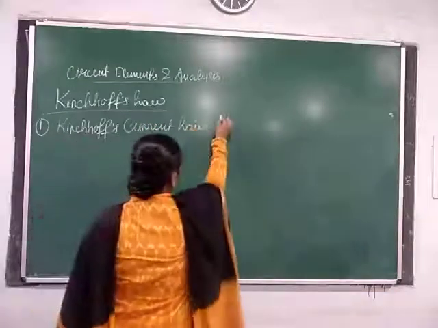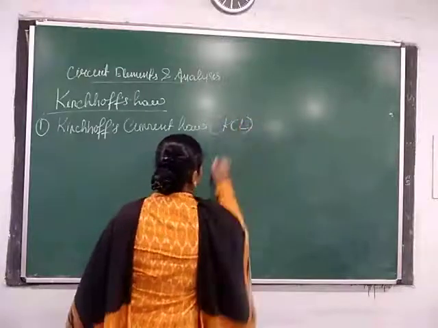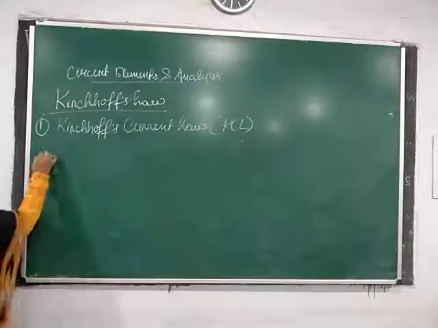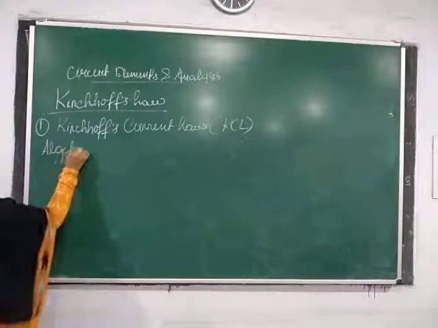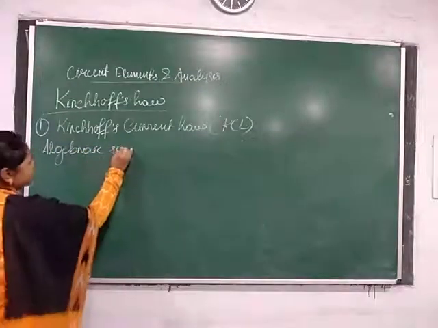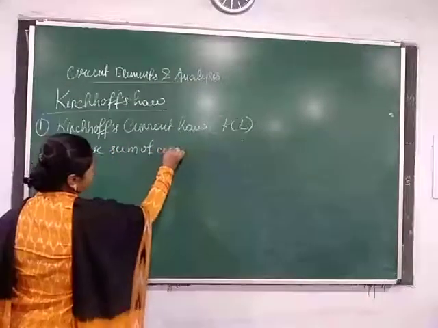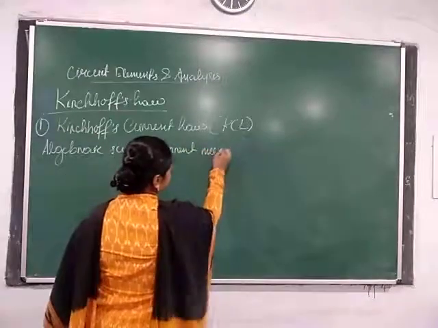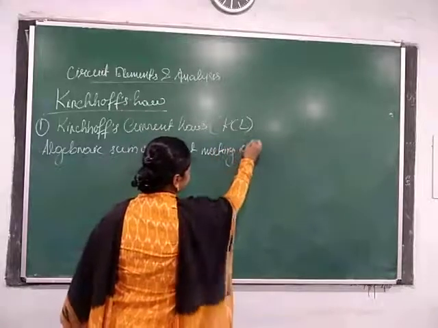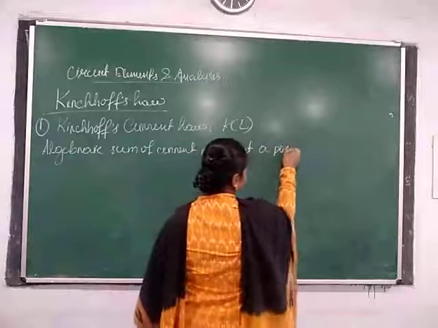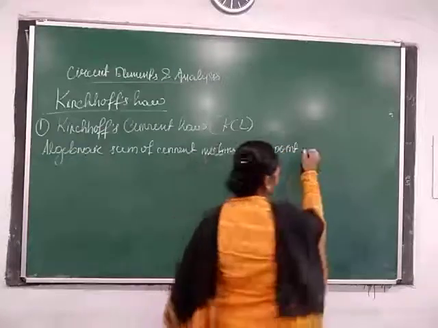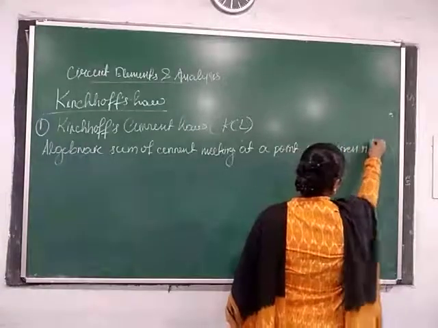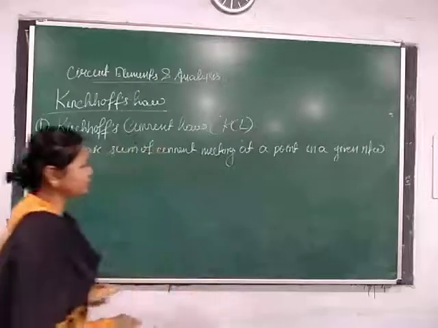In short form, it is also known as KCL, Kirchhoff's current law. It states that the algebraic sum of current meeting at a point in a given network is equal to 0.